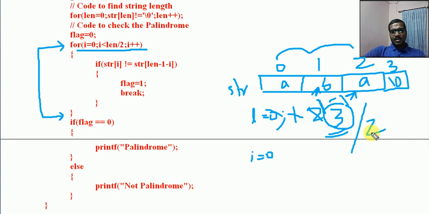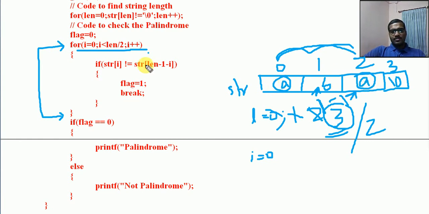What is len? len is 3. 3 minus 1 is 2. 2 minus i, which is 0, that means str of 2. If this is not equal to this one, what is to be done?